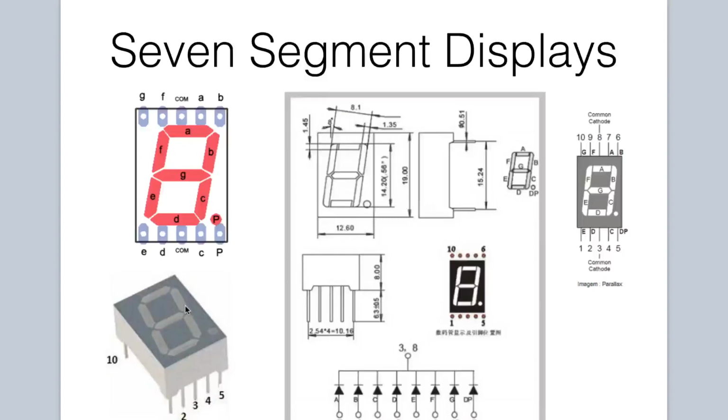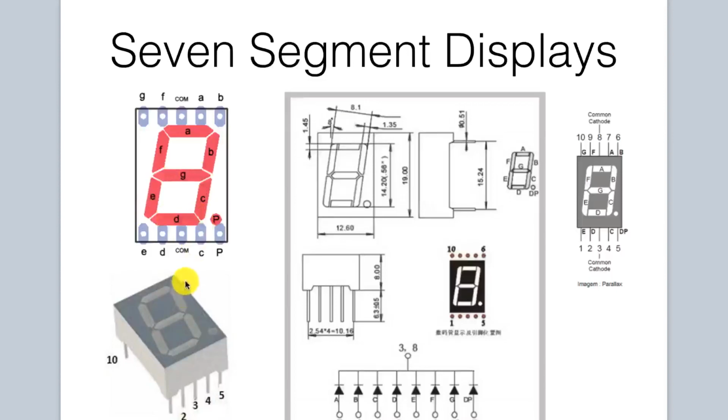How would we accomplish that? Now remember, 2 would look like this. Okay? So in order for 2 to be displayed, segments A, B, G, E, and D have to be lit.